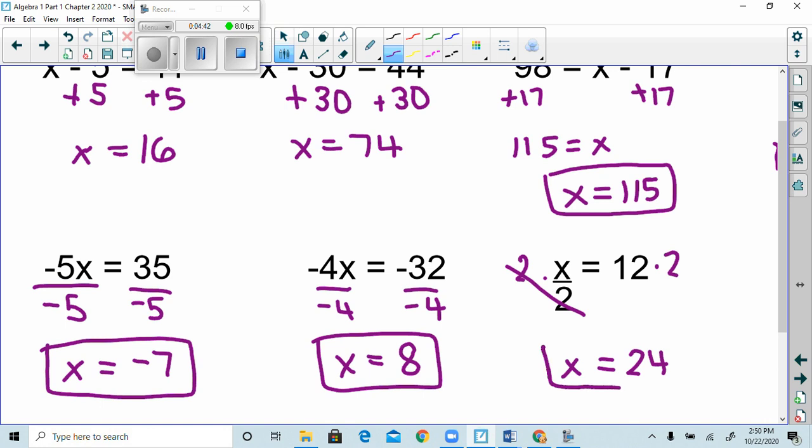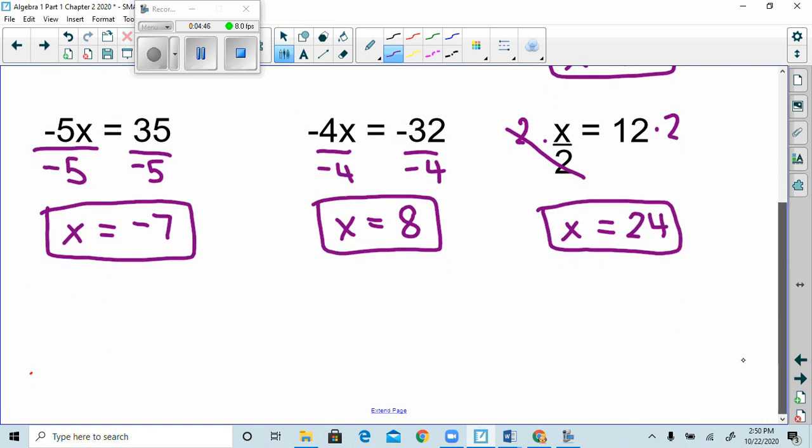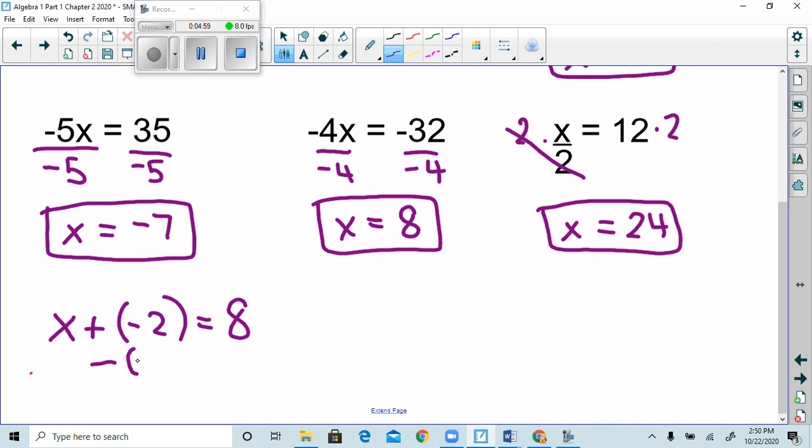Now when we ended last class, I said I wanted to do a couple more with that negative that we saw. If I had x plus a negative 2 equals 8. Now you know that this means we're going to subtract. So I'm going to subtract a negative 2 on both sides.